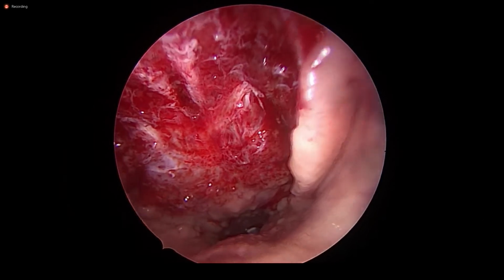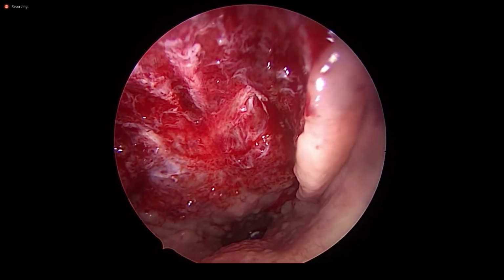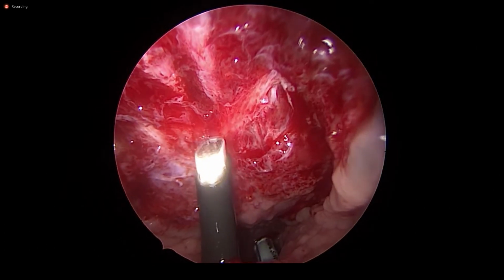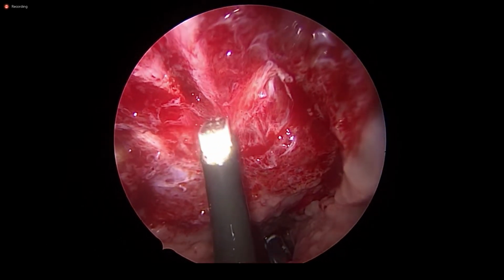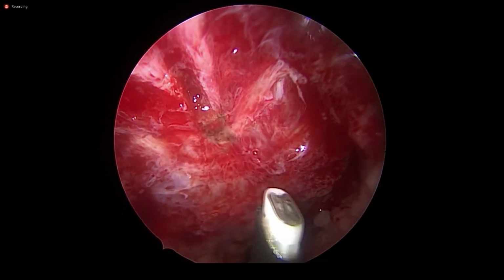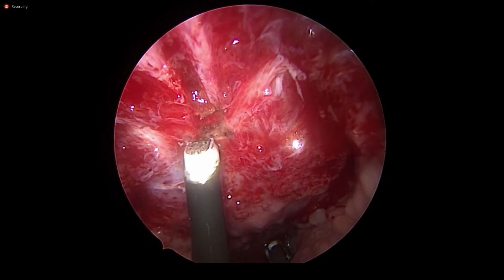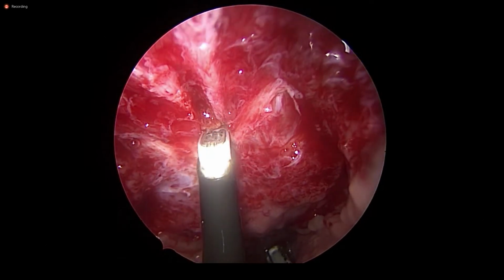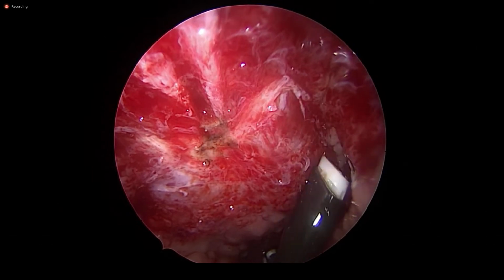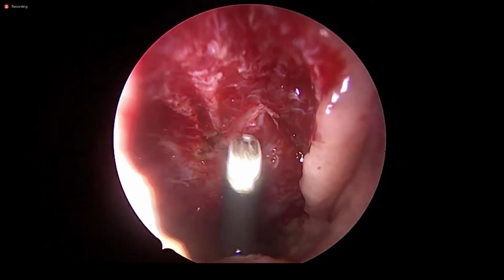Post-operative hemorrhages in adenoidectomy. See this, even the smallest one, I can use my Procise Max vent. See this? Yes, sir. And you can control that easily. The goal is not to damage the underlying muscle at all.